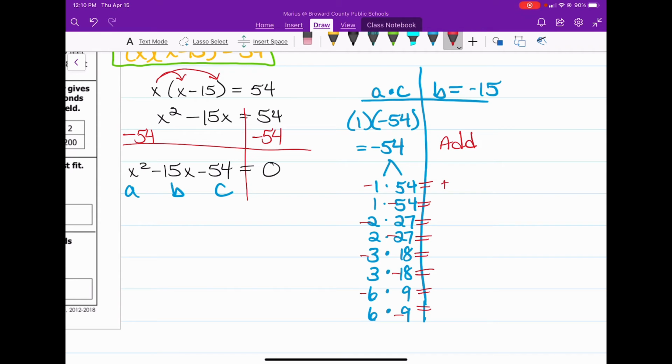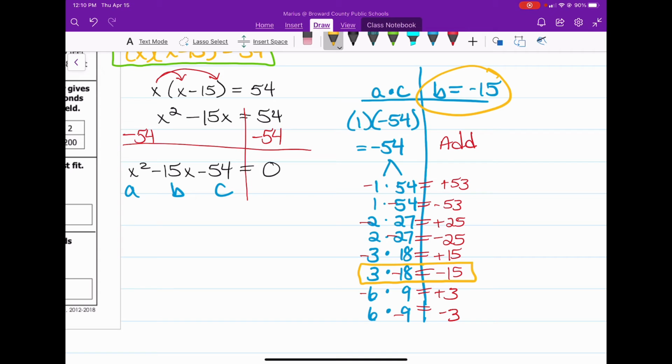So this is going to be positive 53, negative 53, positive 25, negative 25, positive 15, negative 15, and positive 3, negative 3. Remember, b is equal to negative 15, and the two factors that give us negative 15 are the positive 3 and the negative 18.